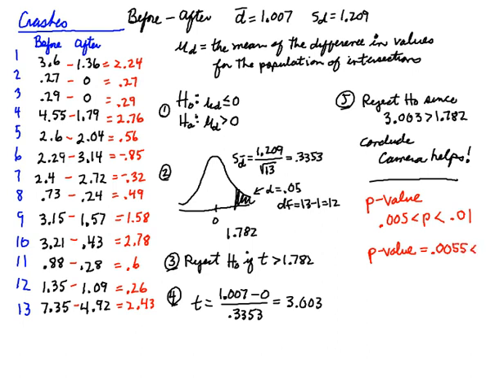And since that's less than 0.05, my risk is even smaller than my 0.05 risk that I was willing to take in making a type 1 error. I reject h sub 0 and have good confidence that I'm correct in doing that. I have not made a type 1 error.